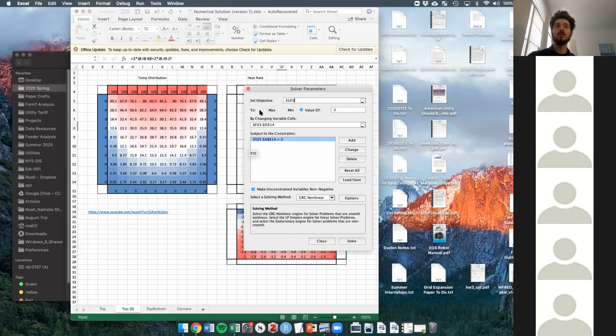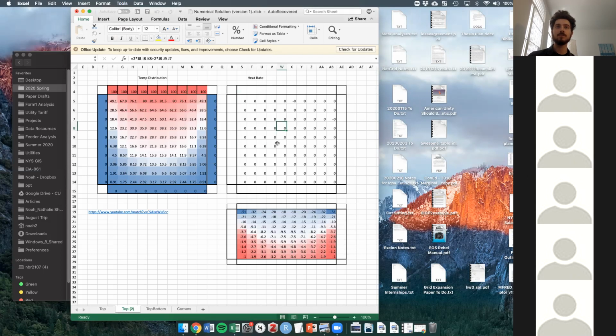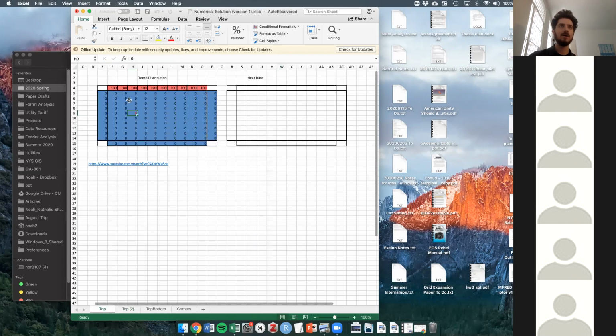Or you could just change this equation, +5. And then I don't know what the units are anymore, but you could basically just say that this whole energy balance has this offset. So there is 5 more being generated there than is being dissipated. I'm going to try this while we keep talking.